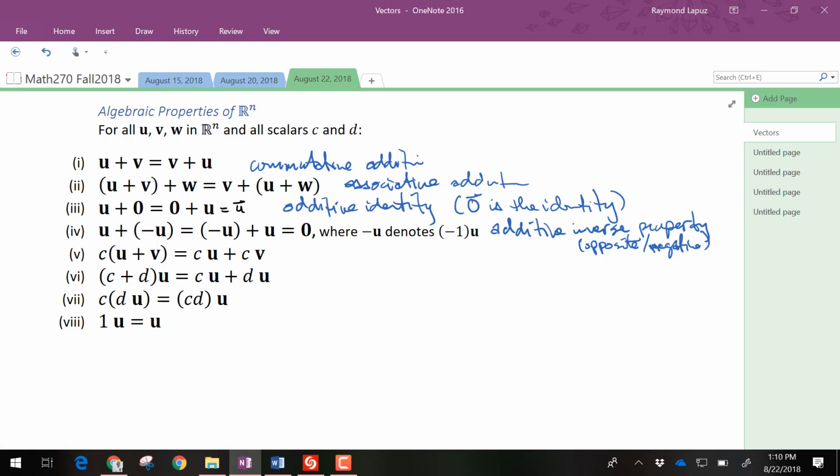Now there's a distributive property, but the distribution isn't a vector distributing to a sum of vectors. It's a scalar distributing, so it's a scalar distributive, and you can distribute the scalar or distribute the vectors. So those are those two properties. There's a scalar distribution, and then there's associativity with a scalar also.